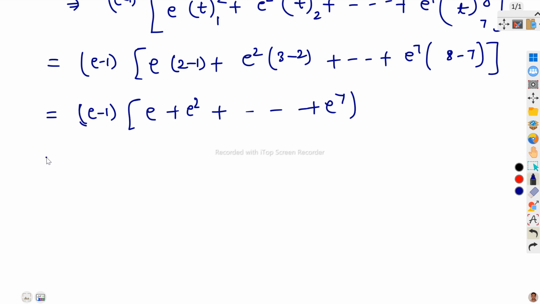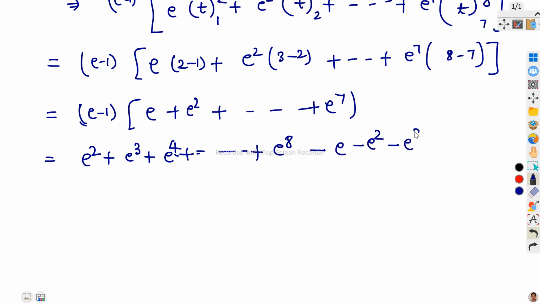Again we can write it as (e − 1) times (e + e² + e³ + ... + e^7). If we multiply, this becomes e², e³, e⁴, up to e^8, and minus e, minus e², and so on, up to minus e^7.